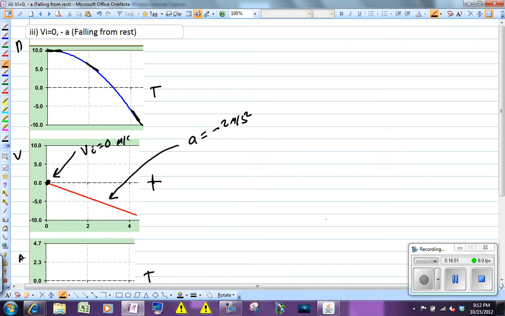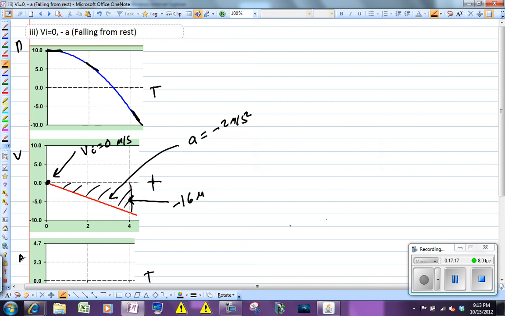And remember, the other thing we can look at on a VT graph is the area bounded by the line. So if you look between 0 and 4 seconds, you'll get an area with a value of 16 meters. But what's a little different about this one than the previous two is that this triangle is below the 0, meaning it has a negative velocity the whole time. That's actually going to be a negative 16 meters of displacement.